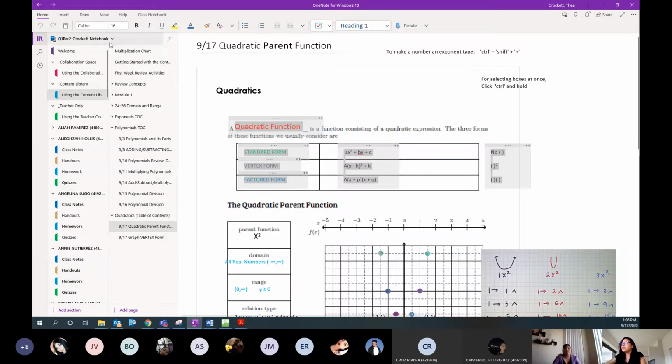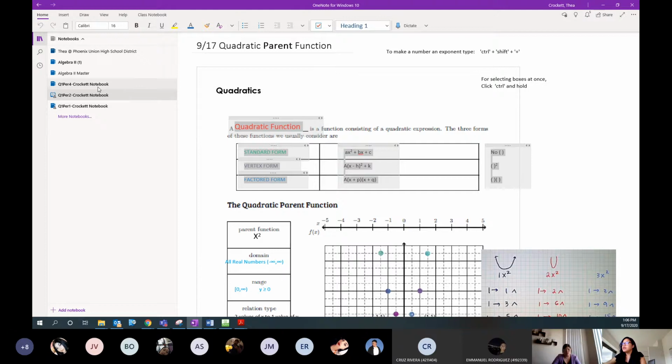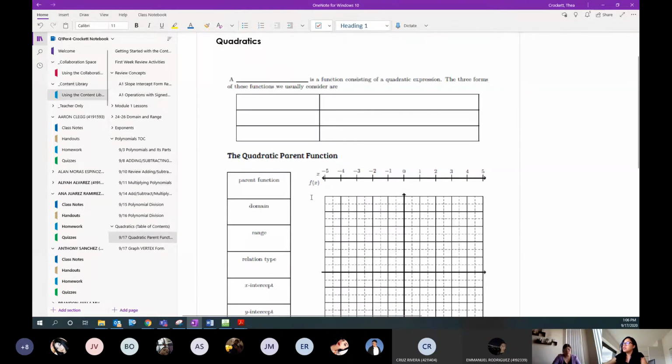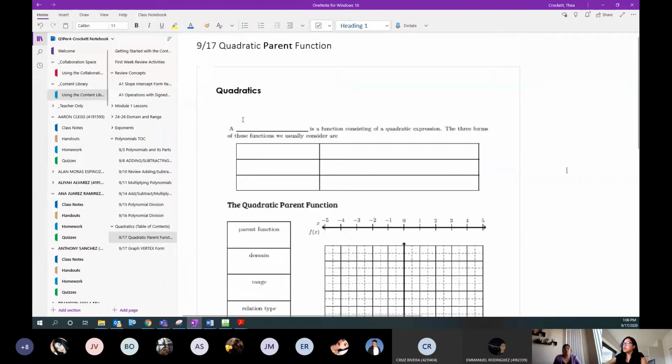and then I go to my notes for this section, and then put my cursor. All right, so if you want to move it, then you have to highlight them again and hold the control, and click all those boxes, and then you can move it from there.